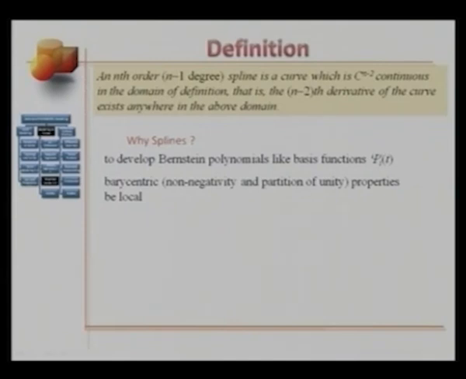We would want these barycentric properties to be local now. What do I mean here? Bernstein polynomials sum to 1 for values of t between 0 and 1. Here we would want not all but some spline basis functions, psi's, to sum to 1 in some sub-interval of t. And of course, we would want these basis functions, psi i, to be bell-shaped.